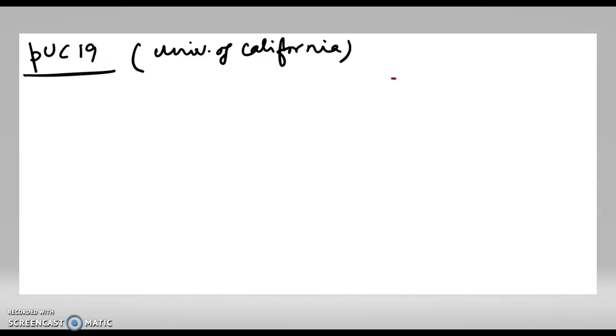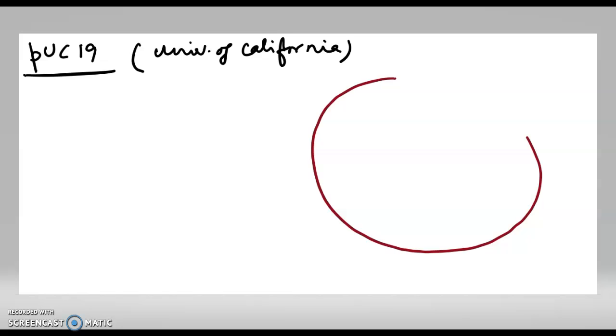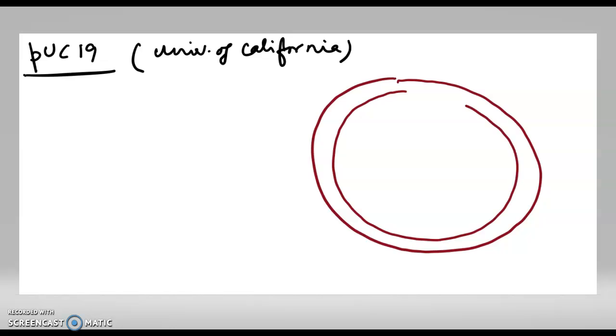What are the special features that make pUC19 different from pBR322? Like pBR322, it has ori, which is required for origin of replication.